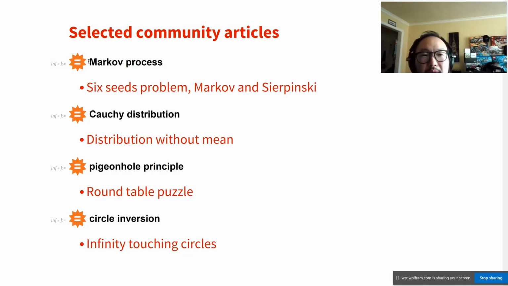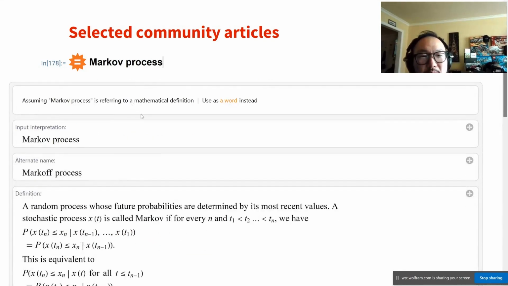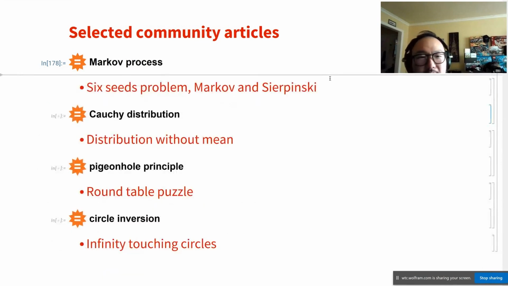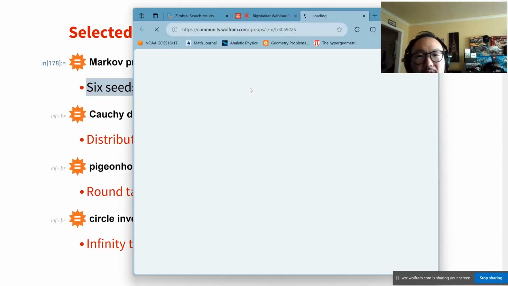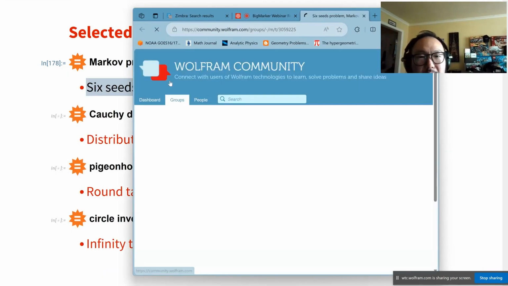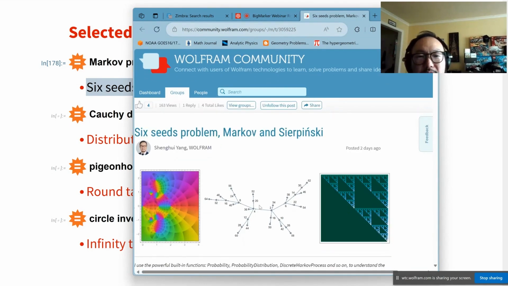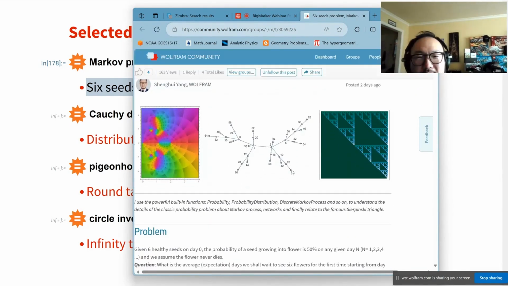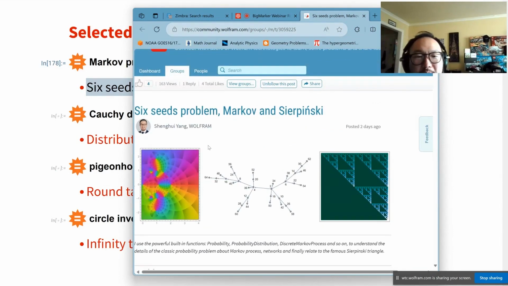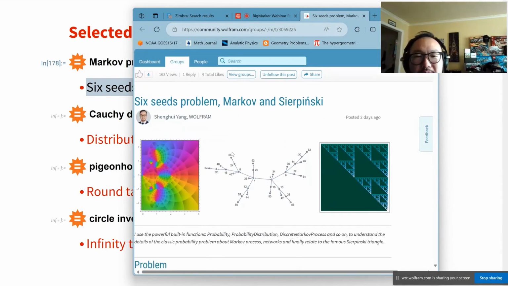Some of the major topics I have highlighted with the Wolfram Alpha search engine logo. You can just click that, and it should show you the definition behind the topics. And these links are also added as hyperlinks here, so you can click and read those interesting Wolfram community articles about how to use Wolfram language to solve interesting problems.